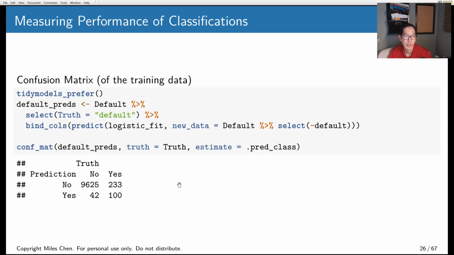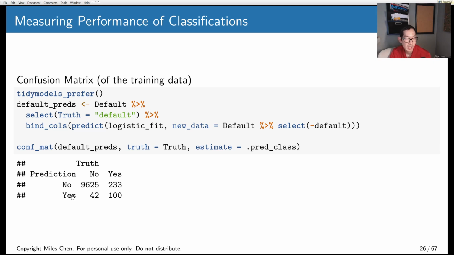Then we can call this function, conf_mat. The confusion matrix comes from default_predictions, which is just our two columns: the true values of yes or no, they defaulted, and a column of .pred_class, which will be yes or no. What we see is that when we predicted they weren't going to default, they did not default 9,625 times, and yet they did default 233 times.